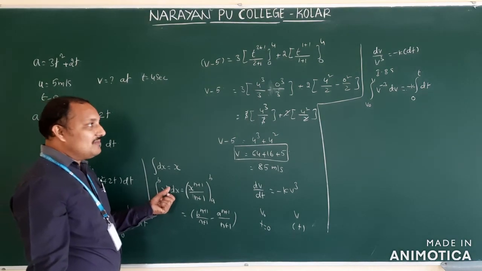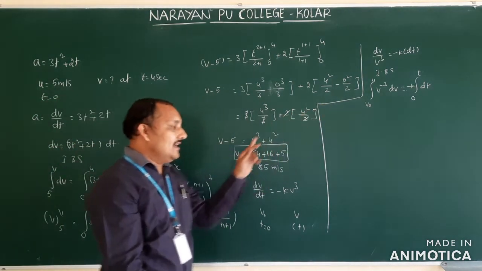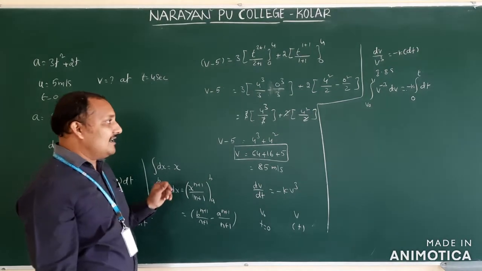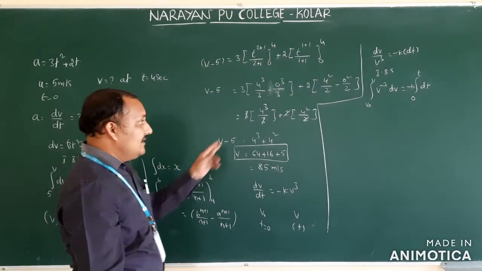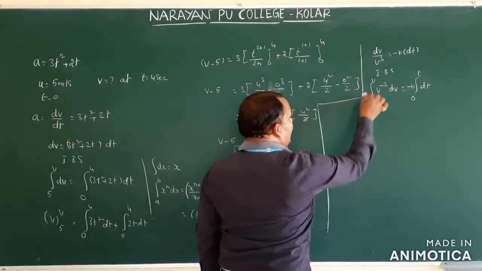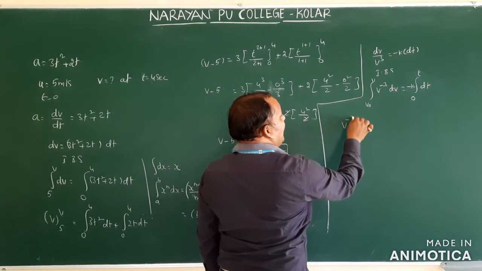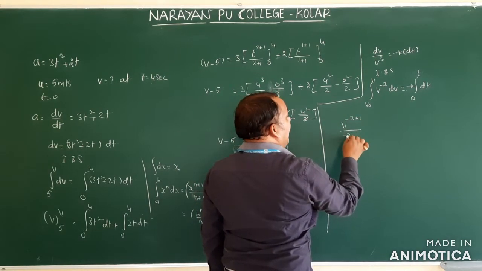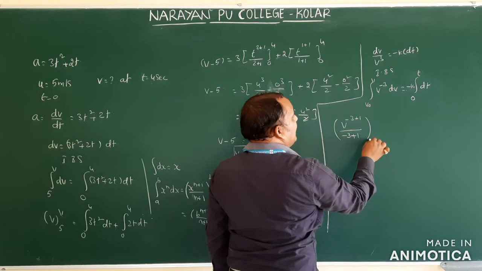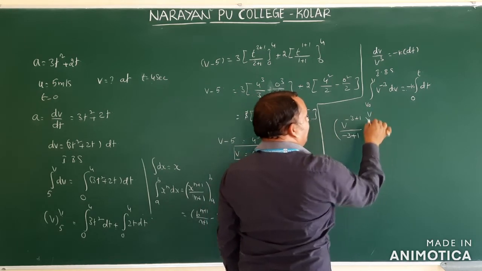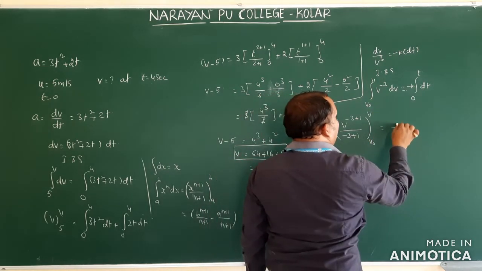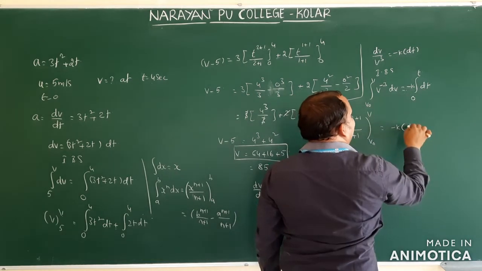In place of n, minus 3. In place of x, v is there. Therefore, we write v power minus 3 plus 1 by minus 3 plus 1 between the limits v0 to v is equal to minus k integral dt.